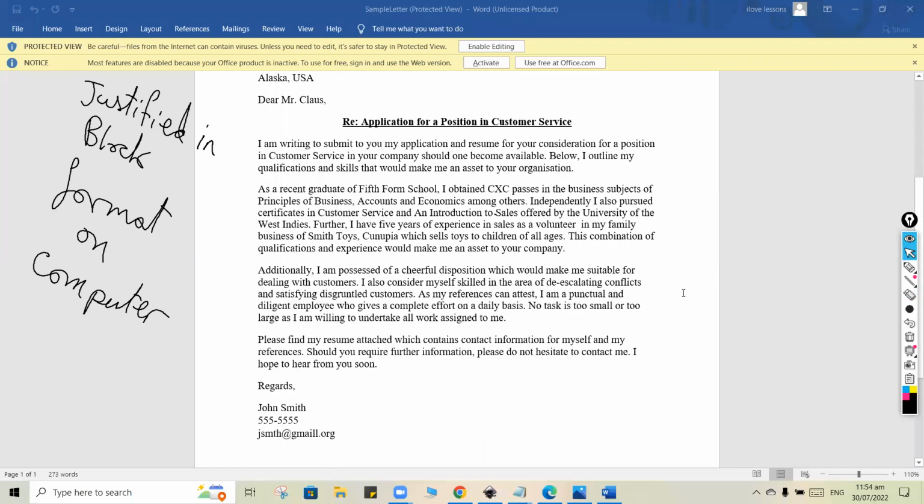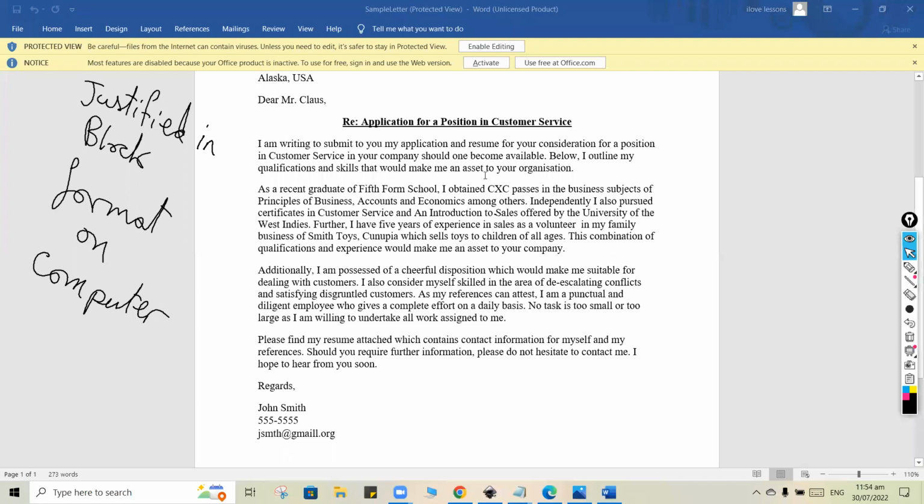Everybody clear on that? So if you've been working for 10 years in the field of accounting, for example, you wouldn't lead by saying, as a graduate of fifth form school, I obtained CXC passes in accounting. You would lead by saying, I have 10 years experience in the field of accounting, and you could put a company, or you might reference your resume and tell them check there, right?